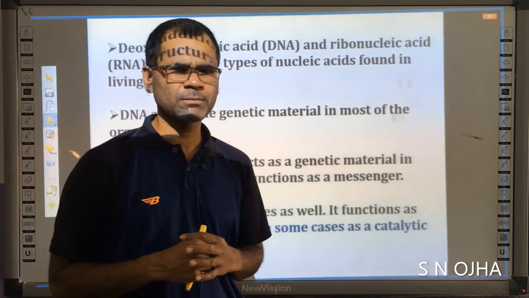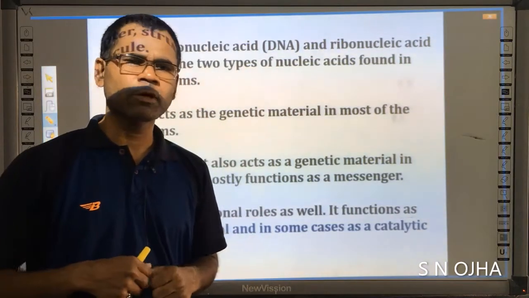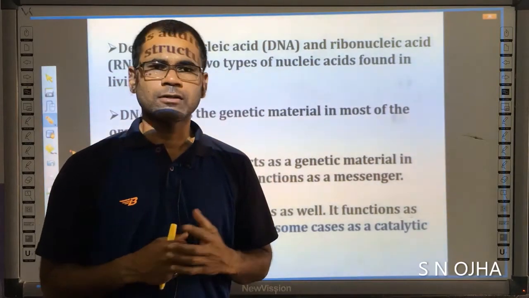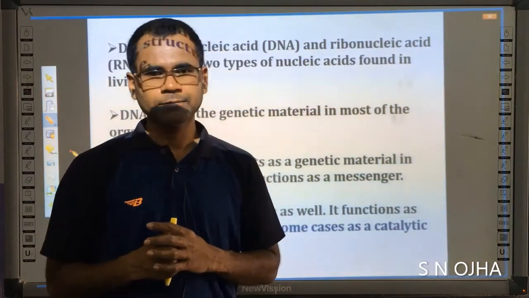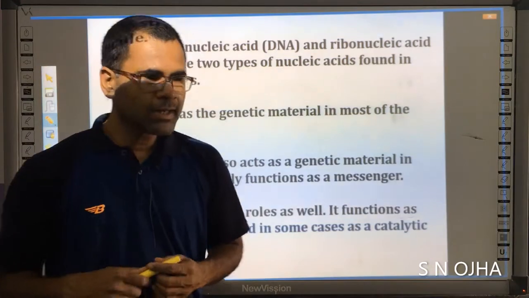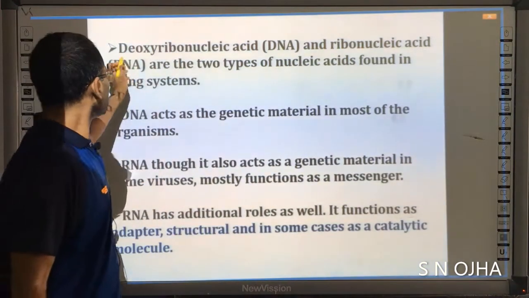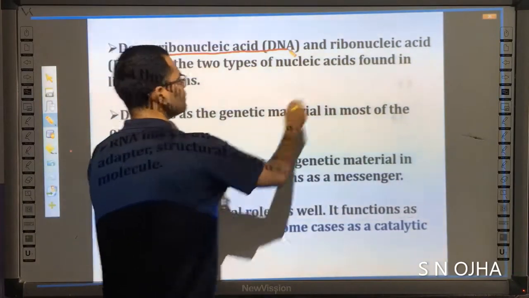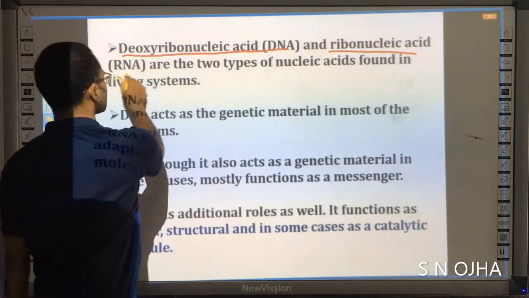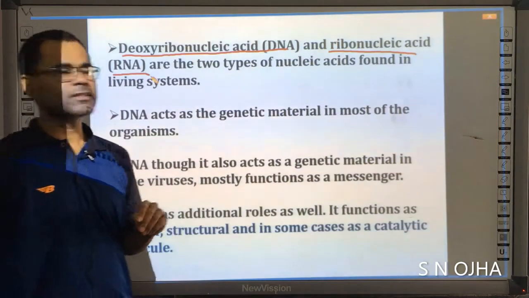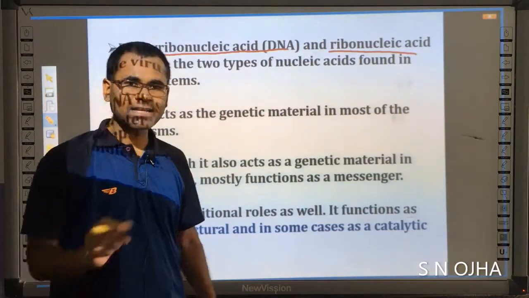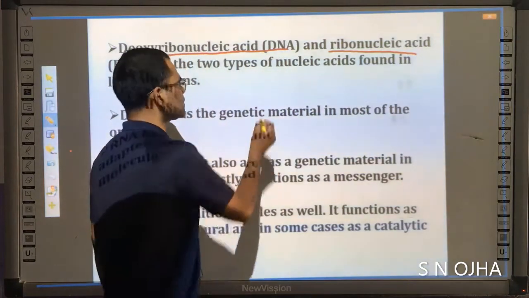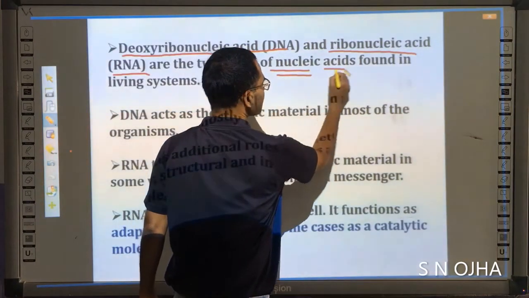In class 11th, if you remember, we studied various types of macromolecules, and the largest molecules are DNA or nucleotide. Deoxyribonucleic acid is also called DNA, and ribonucleic acid is also called RNA. These are the two types of nucleic acids. Again, let me emphasize my words: they are nucleic, and they are acids.